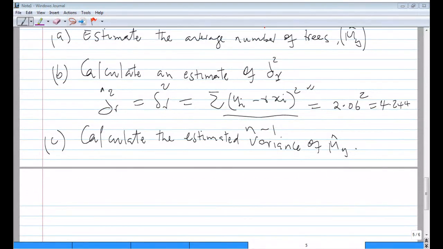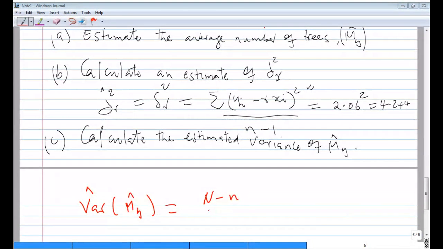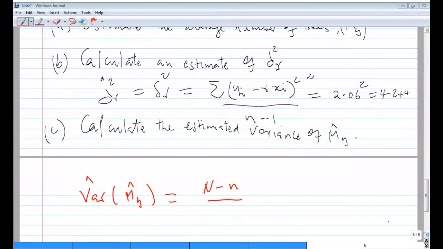We start with this: the estimated variance of mu y hat equal to what? Then it's N minus the sample size n, over N. Which N are you talking about? The population one.